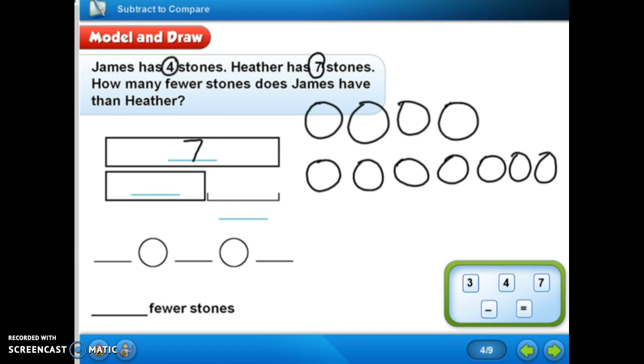And I'm going to write 4 in the smaller box on my bar model. Now I'm going to draw lines to connect James's stones to Heather's. 1, 2, 3, 4. And I'm going to circle the stones that don't have a partner.